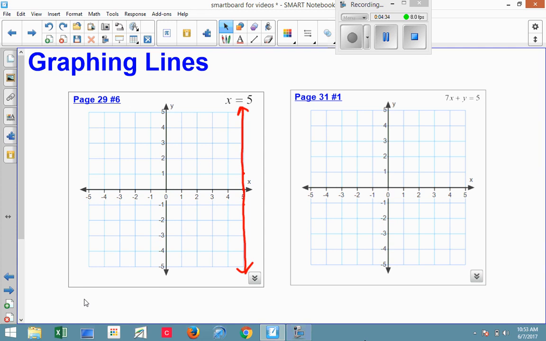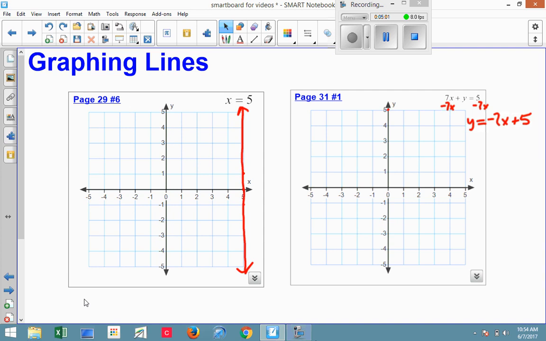So I'm going to get the y by itself, which means I'm going to subtract 7x from both sides, which gives me y equals -7x plus 5. And now I have my equation in slope-intercept form, and now I can identify that the slope is -7 and the y-intercept is +5. So I'm going to start at +5 on the y-axis and put a point.